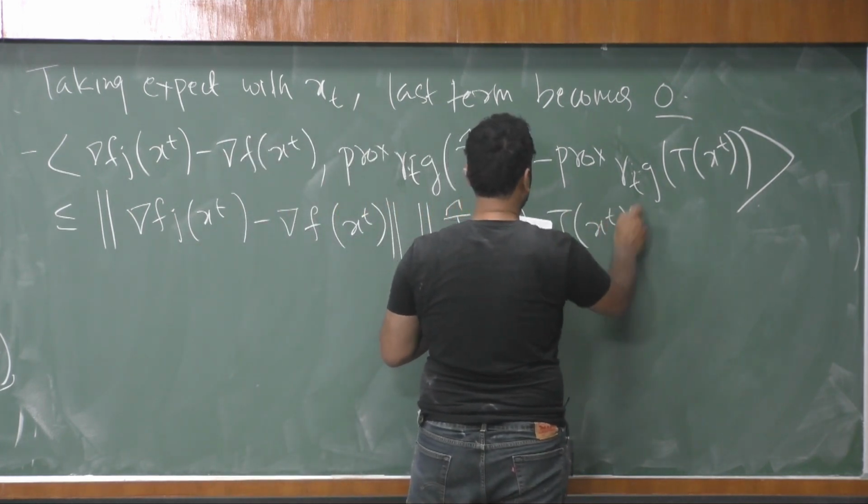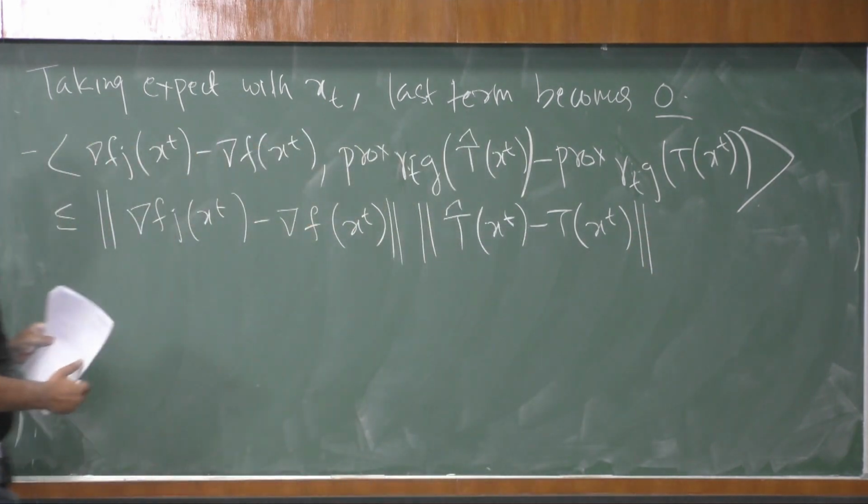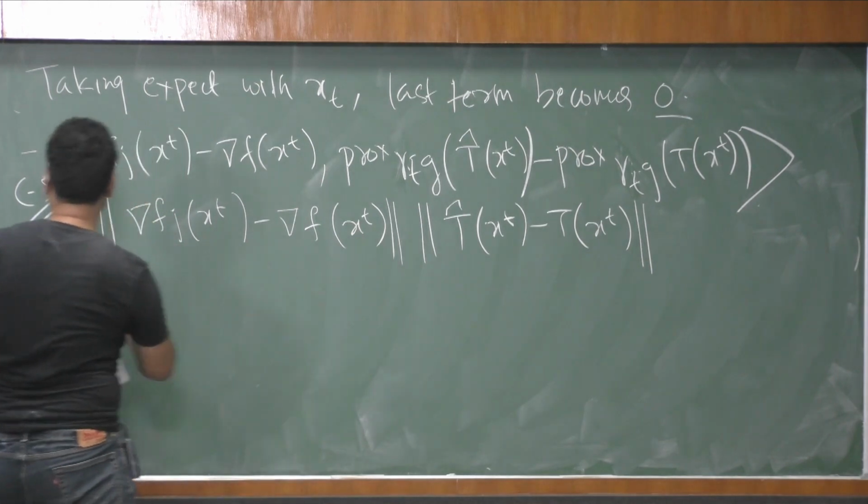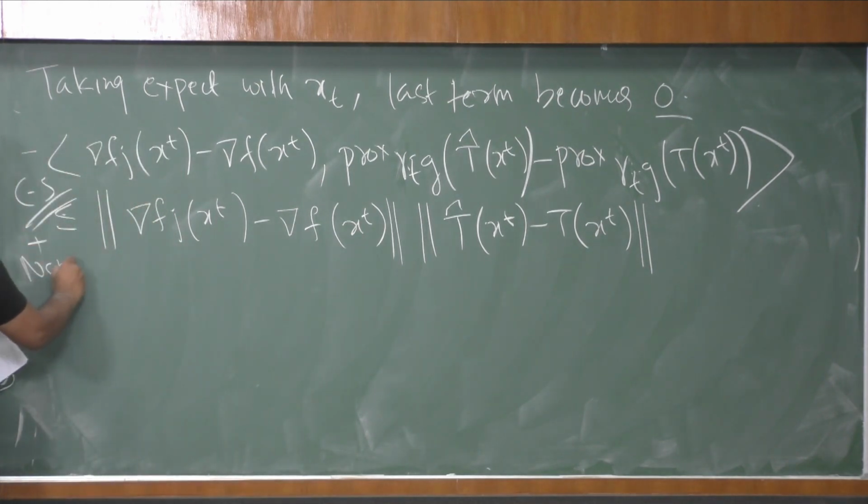So we have done two things here: we have taken Cauchy-Schwarz, and we have also used the non-expansiveness of the proximal. The proximal is basically one-Lipschitz. So it was originally the norm of prox T hat minus prox T, but that itself was less than or equal to the norm of T hat minus T.